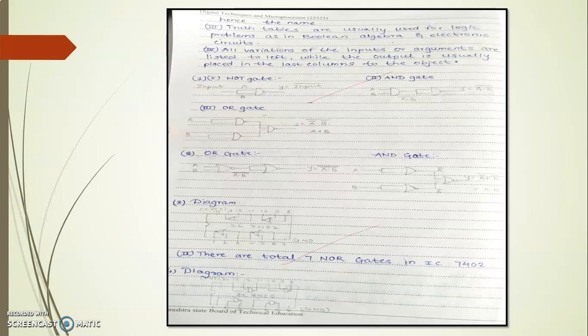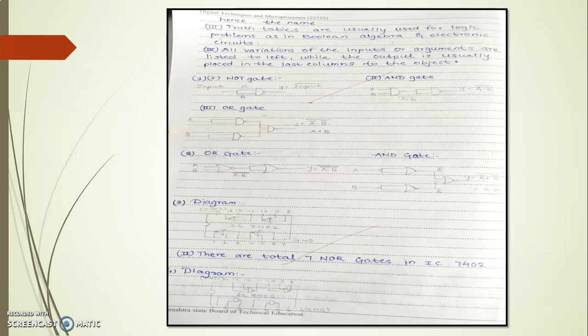All variations of the input or argument are listed to the left, while the output is usually placed in the last column. You can see that first we display the inputs A and B and next the output Y. First is the NOT gate, you can see the representation for the NOT gate. Second is the AND gate. Third is the OR gate.